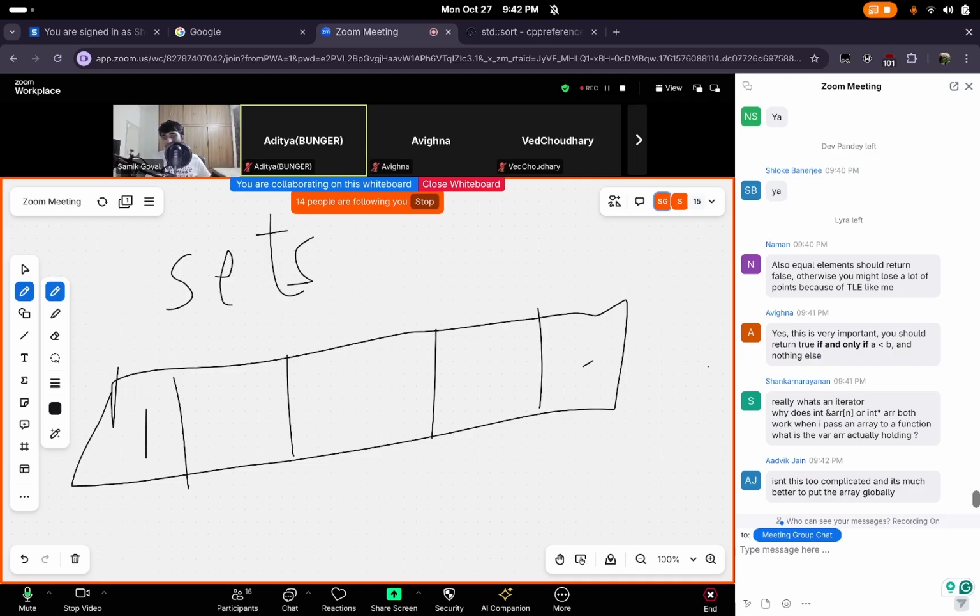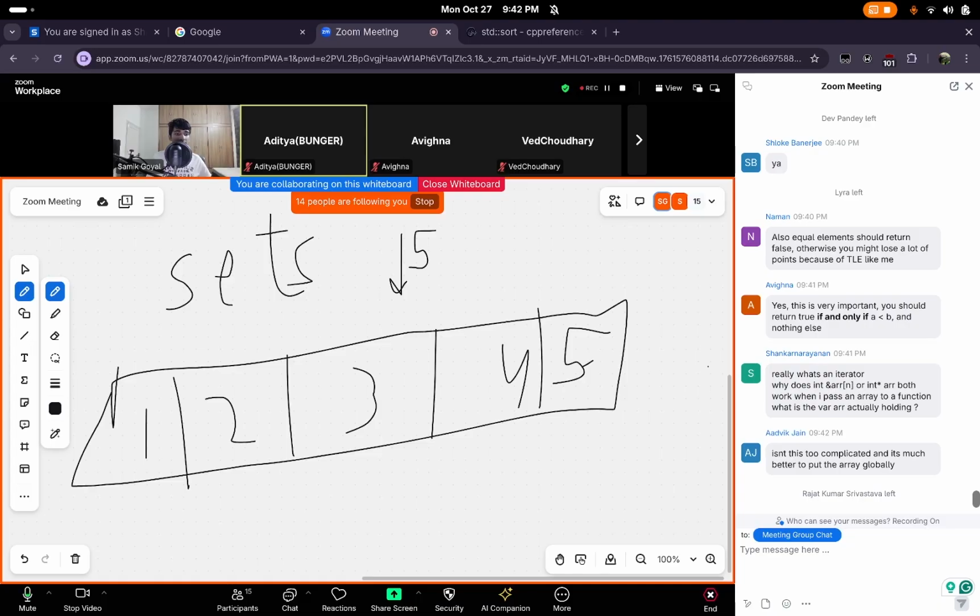Like say I have 1, 2, 3, 4, and if I add 5, it will automatically add it over here. It will always remain sorted. That is the main property of a set.